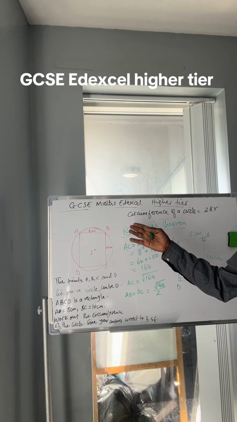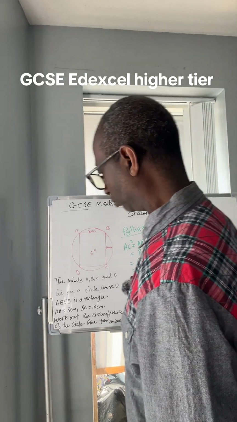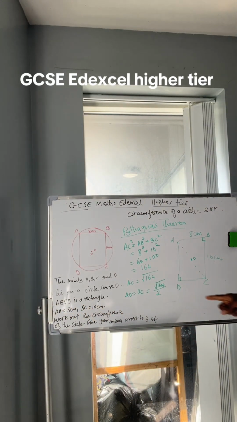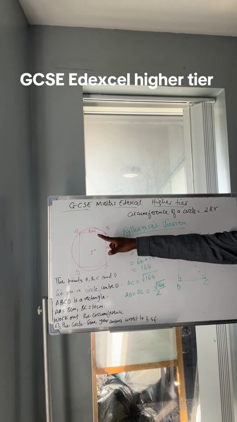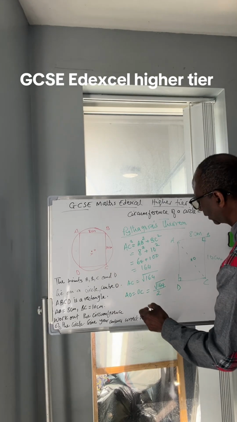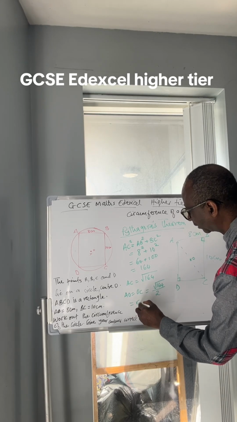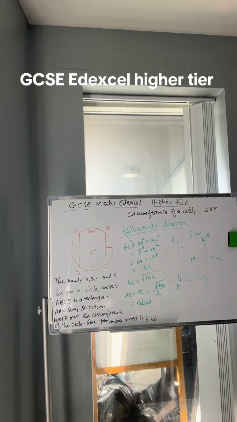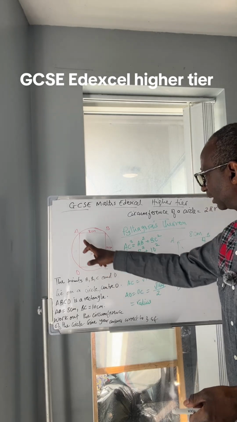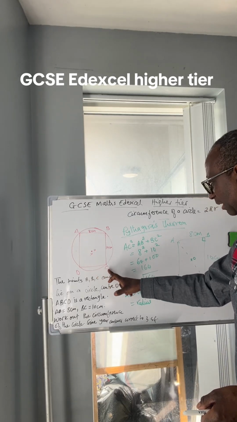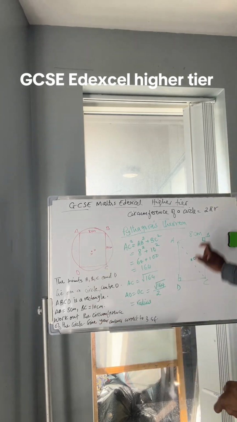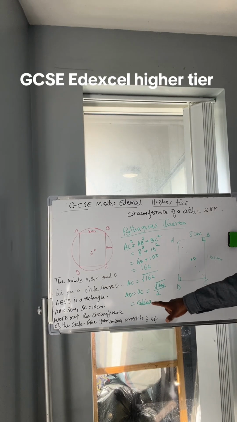Well, this is GCSE, it might be difficult to do that. So now, what is AO or OC? This is, in fact, your radius. This line will pass through the center of the circle, so from point to point is a diameter. Half of it is the radius. So that is our R. Now we know our radius is the square root of 164 divided by 2.